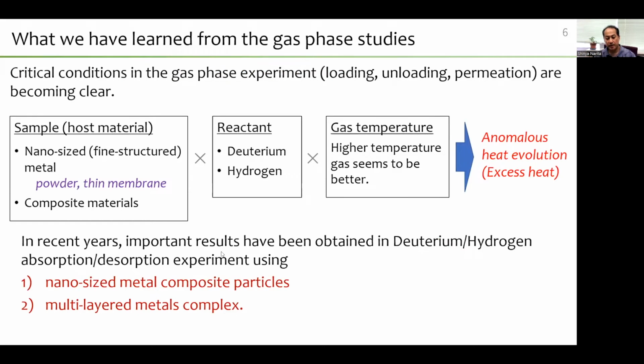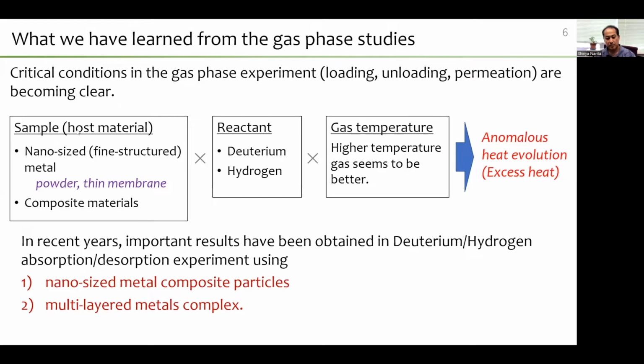So these new findings have been accumulated through the progress of some studies. So here is what we have learned from the gas phase study so far, and critical conditions in the gas phase experiment. I mean, the loading and unloading information are becoming clear through some experiments.